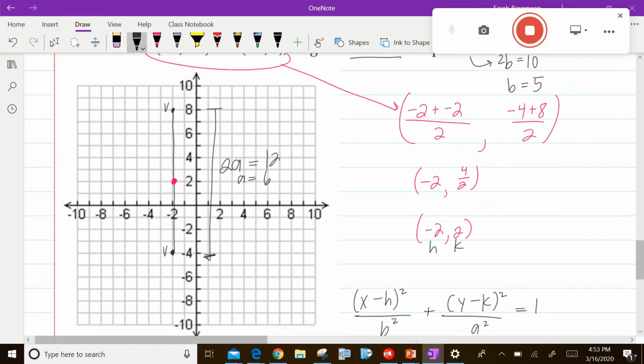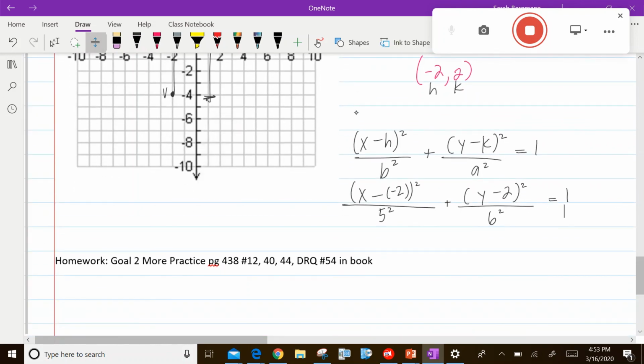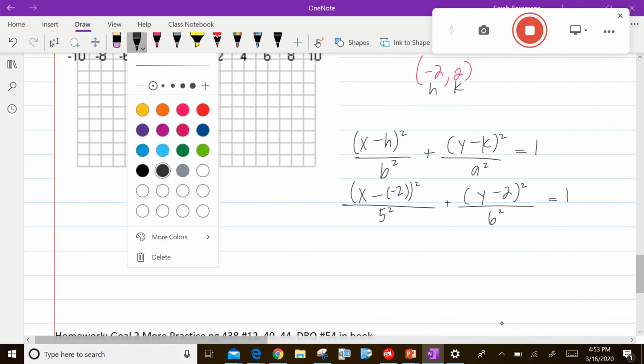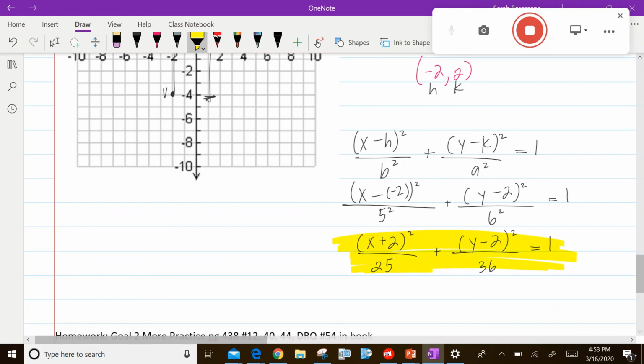I said the b value is 5, plus (y minus k) squared over a squared, so over 6 squared equals 1. Now you just need to simplify it. So you get (x plus 2) squared over 25 plus (y minus 2) squared over 36 equals 1. There's your final answer for this equation.